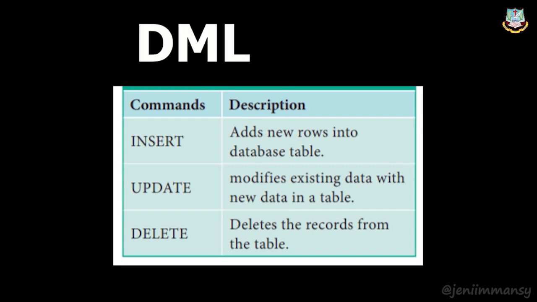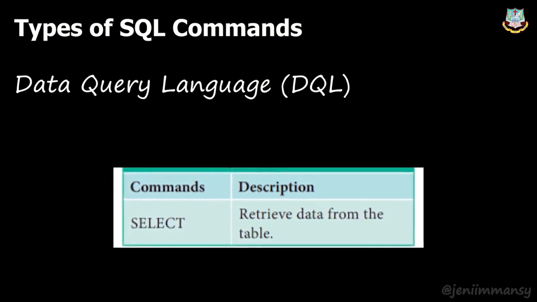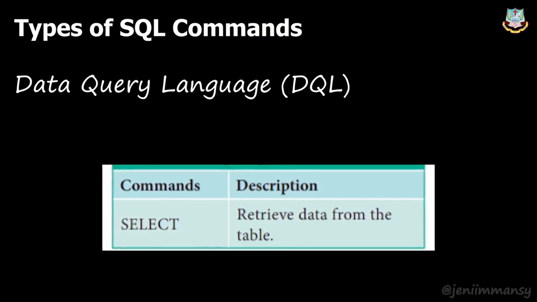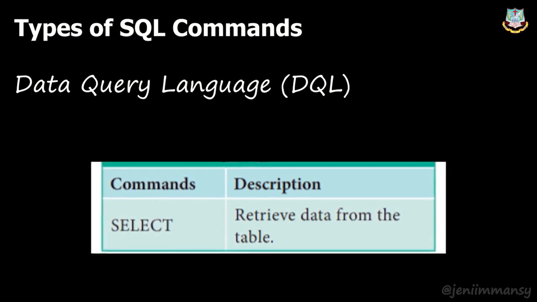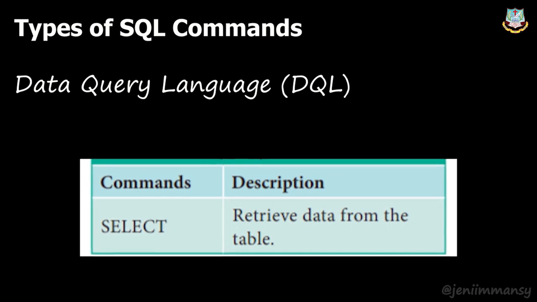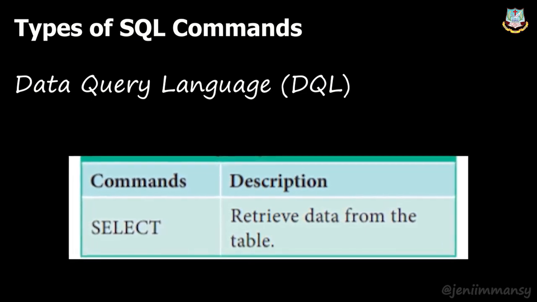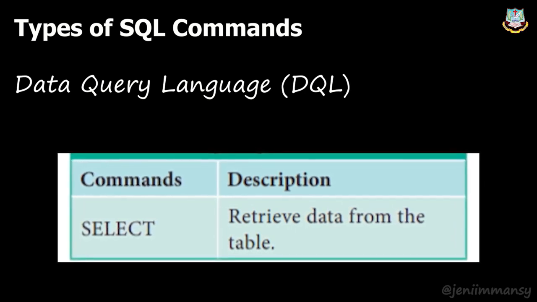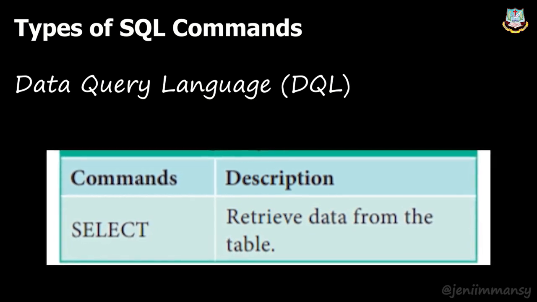Okay. And the next one is DQL. DQL is data query language. This is used to get data from a database. Understood? This is used to select particular data from a whole database. Sometimes in a database we'll have 10 or 15 columns, and a specific column or a specific thing we can select from the table or database.